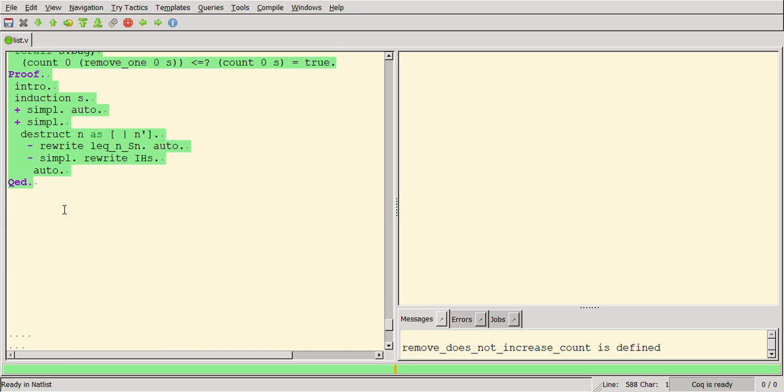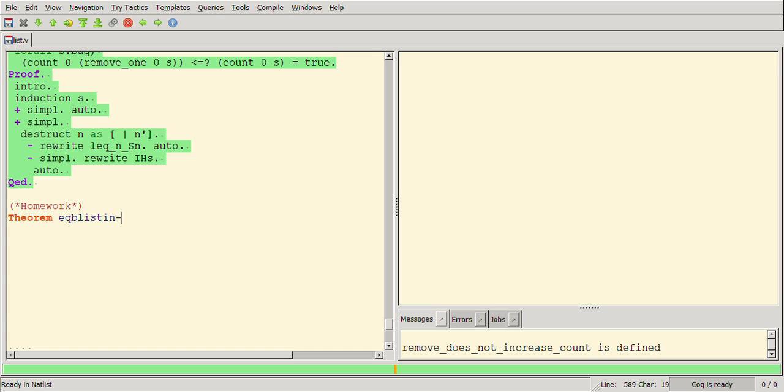Let me write it in the form of a homework, and let me write the theorem: equality Boolean list n prime length.